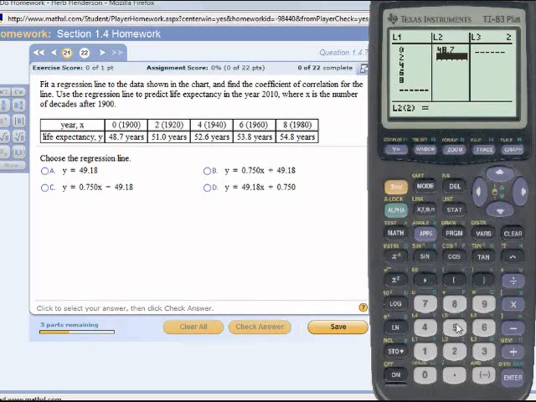I put in 51.0, or just plain old 51. 52.6. 53.8 and 54.8.